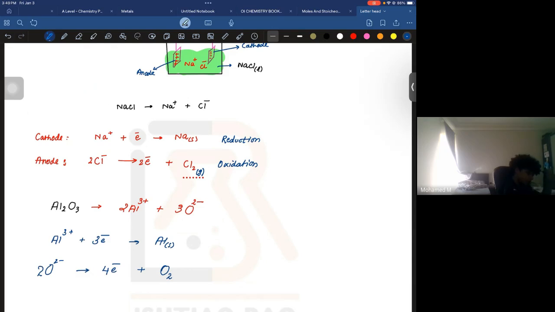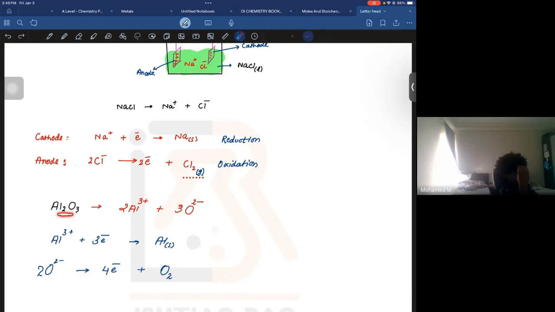The first line, Al2O3 becomes 2Al3+ and then 3O2 minus. Why is there a big 2 and a 3 at the front? You're asking why it is 2Al and why it is 3O?